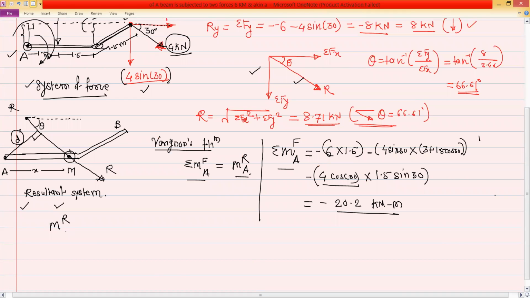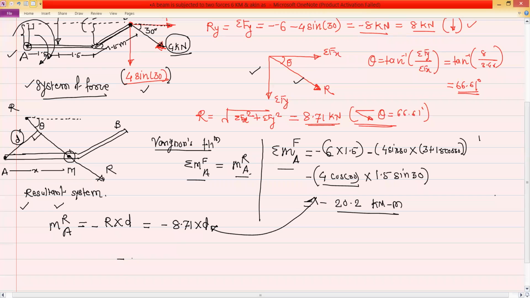So the moment by resultant about the point A is equal to R into D, and again this moment is clockwise. So it is minus R into D, that is equal to minus 8.71 into D. Now compare these two values.